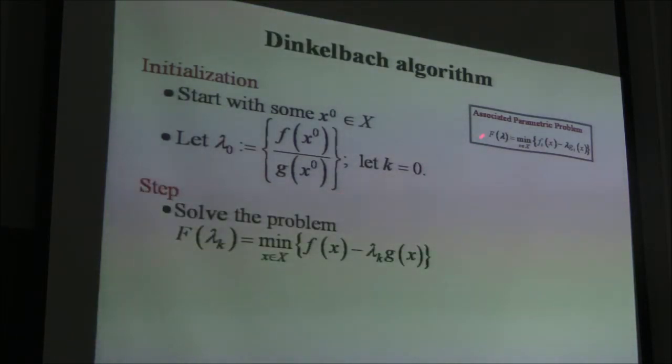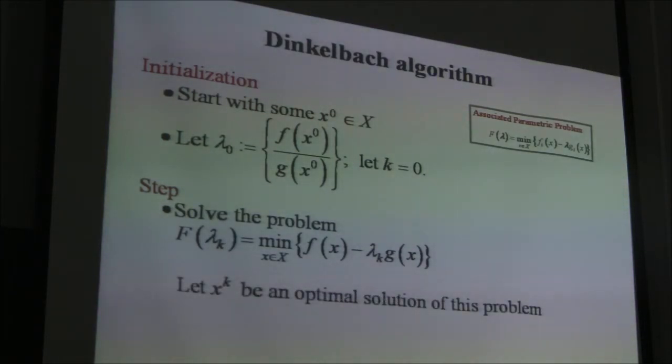In the general step, you have a certain lambda k available and you want to get the next lambda k plus 1. At the general iteration, you solve the associated problem at lambda k, and you get a solution, call it xk.